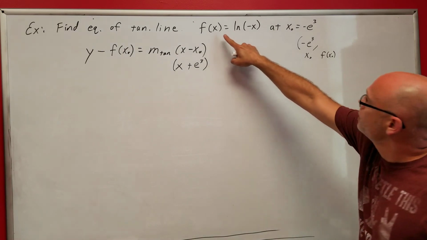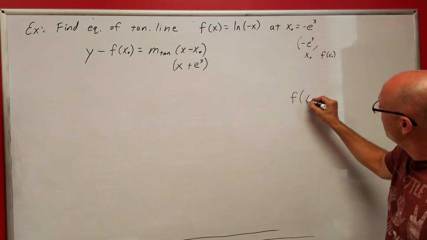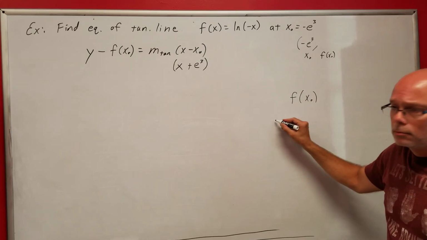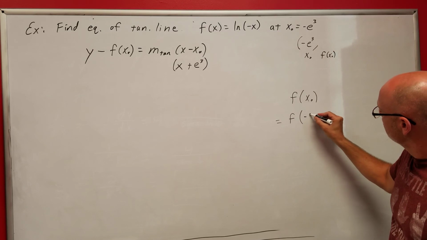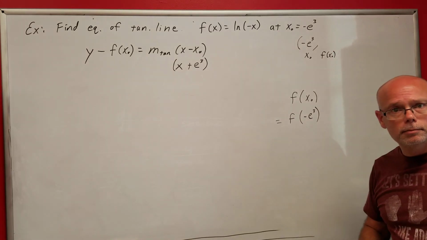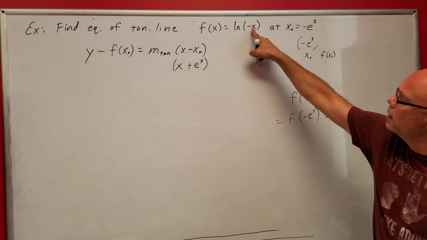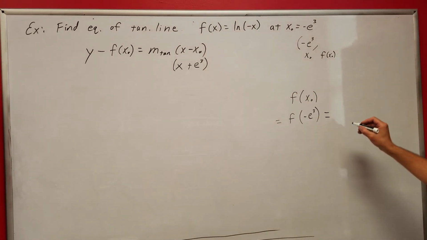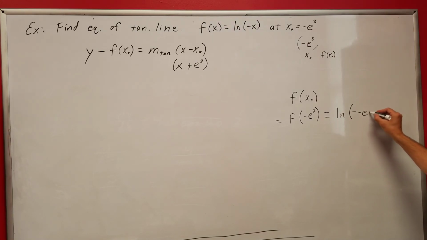Well, let's evaluate f at x naught. F evaluated at x naught is the same thing as f evaluated at negative e cubed, right? Which is just substituting in negative e cubed into f. So natural log of negative e cubed.